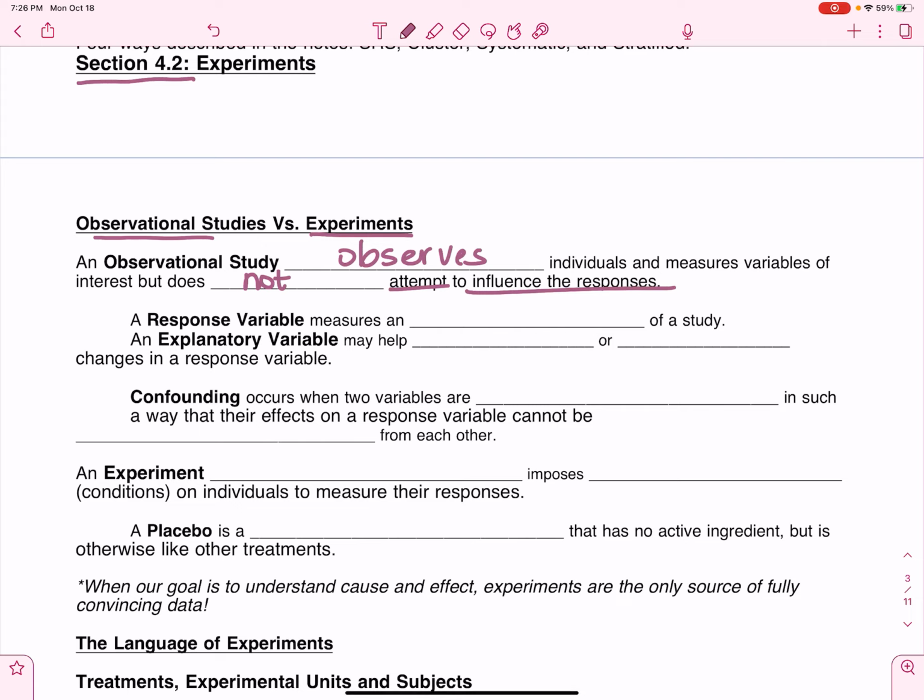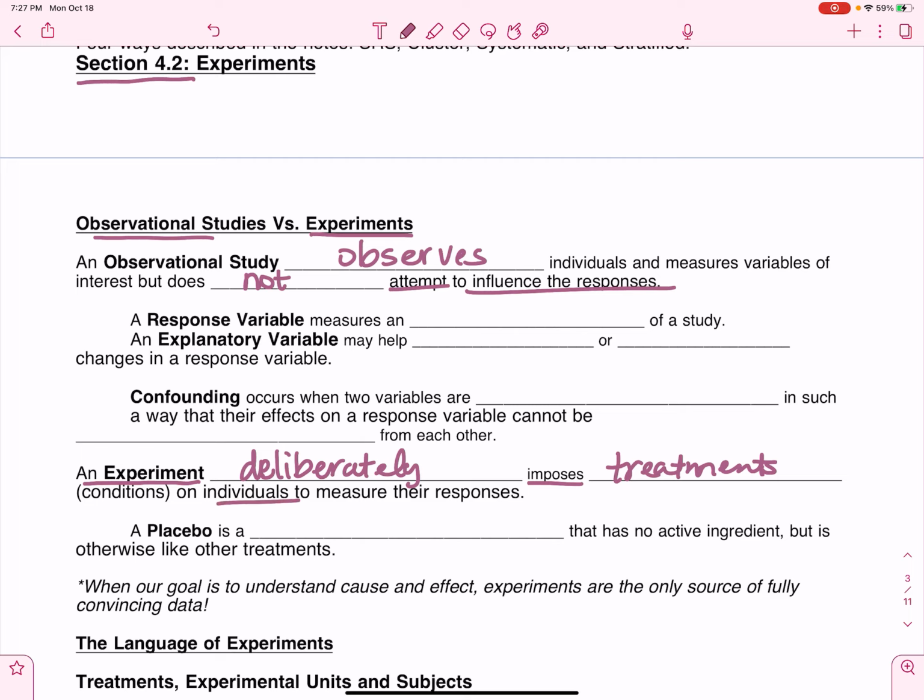So that is one of the major differences between observational studies and experiments, because an experiment deliberately imposes treatments on the individuals to measure their responses.